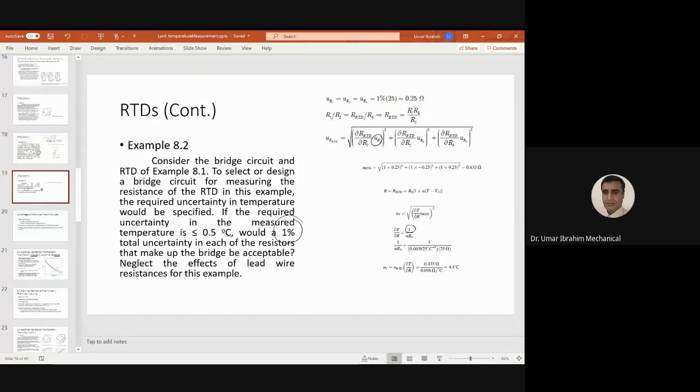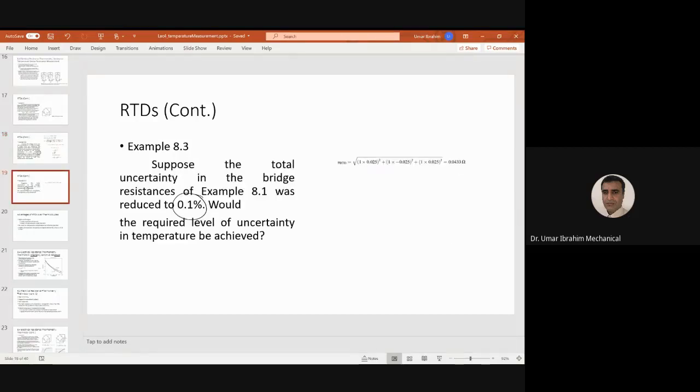So we repeat the same calculations with 0.1% uncertainty for the resistance values in our Wheatstone bridge, and this time we find that the uncertainty is 0.0433 ohm, which is less than 0.5.